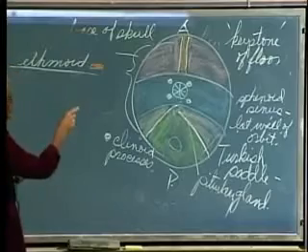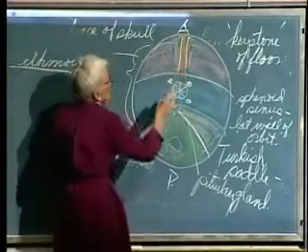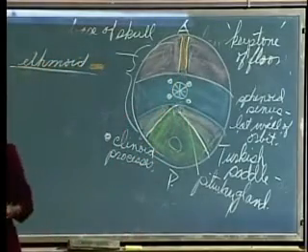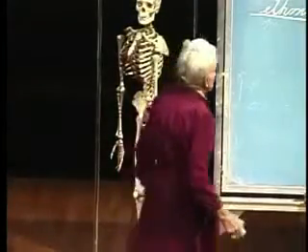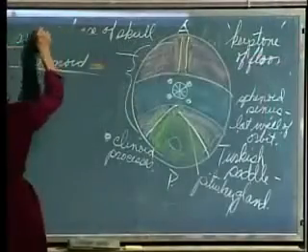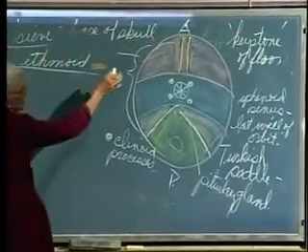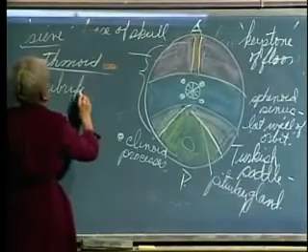So right here, what does ethmoid mean? It means sieve. You know what a sieve is? Fluid goes right through it, right? So this ethmoid here is called the cribriform plate.